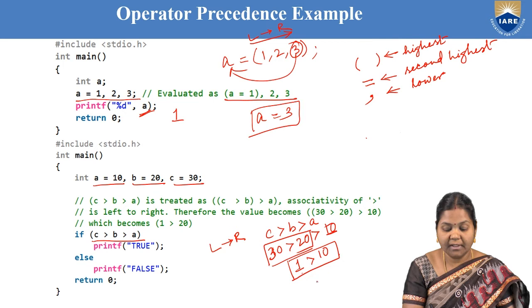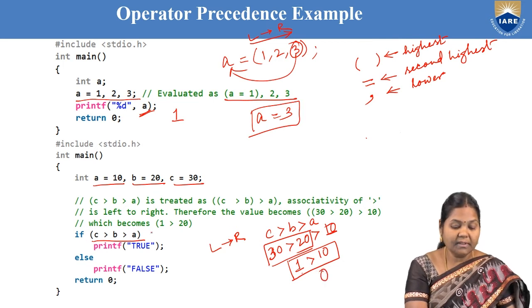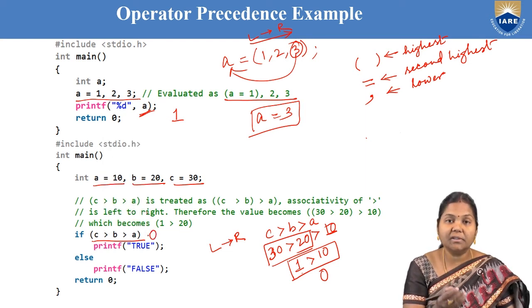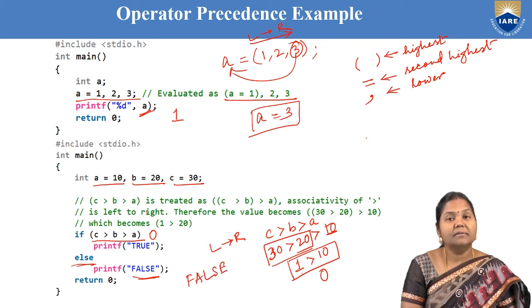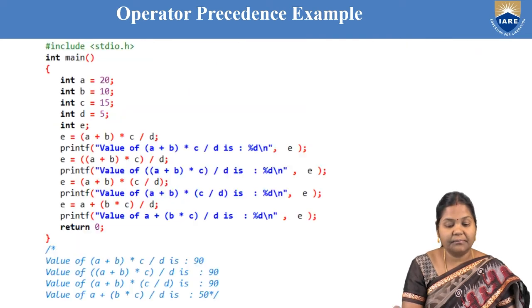No, it is false, so it returns 0. So this if condition returns 0 or false. Since the if condition returns false, it will go to the else part and print the output as false. So this way the relational operators are evaluated.